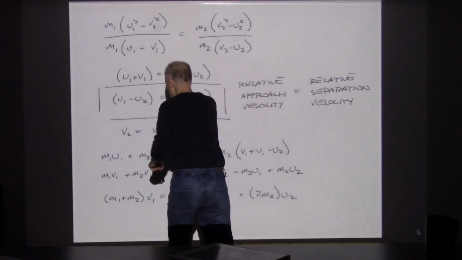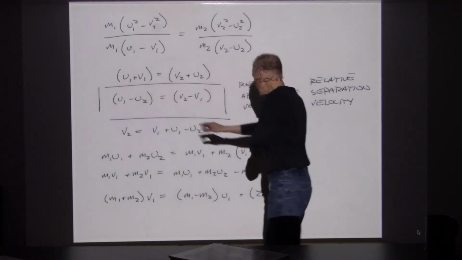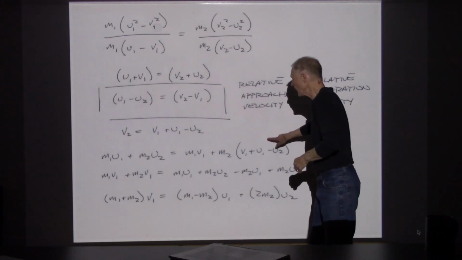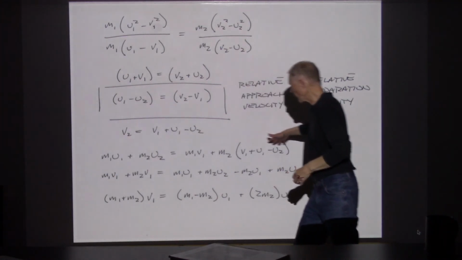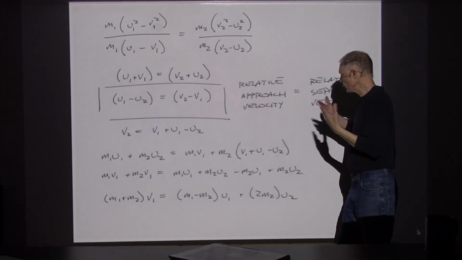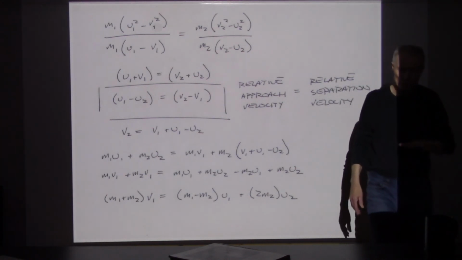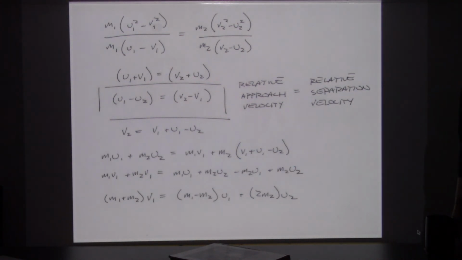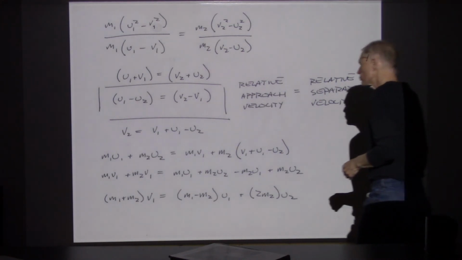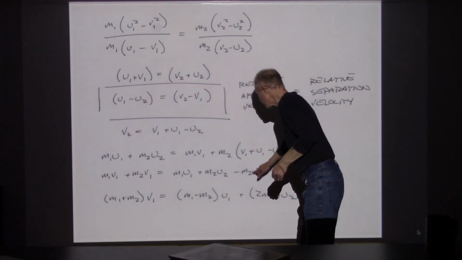I solved for V2 to eliminate it, plugged it in, and now I have a linear equation that does not include V2. We've eliminated one of the unknowns. And so I can algebraically solve this.